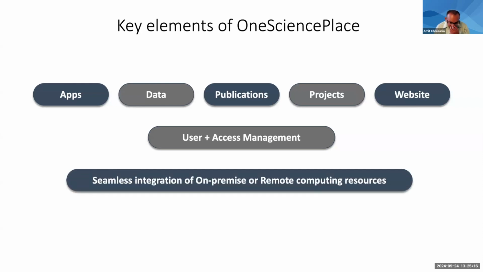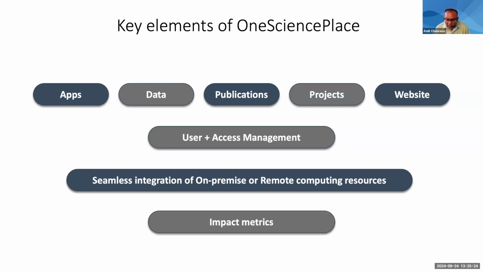And then we want integration of remote computing resources or on-premise resources to be as easy as possible. And lastly, start to measure the impact of the contributions in various ways, and then make that available to the users, to the stakeholders, and to the sponsoring agencies, showing what this is enabling.